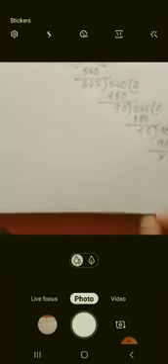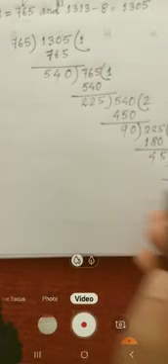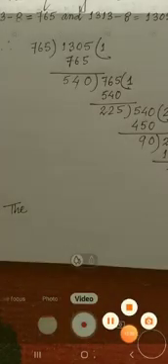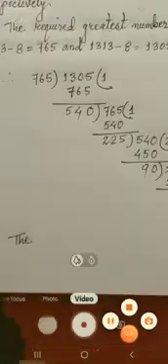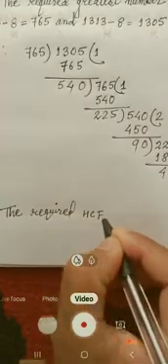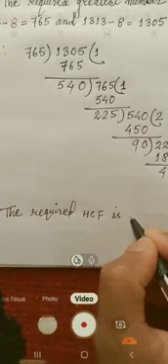We can write: the last divisor is 45, so the required HCF is 45.